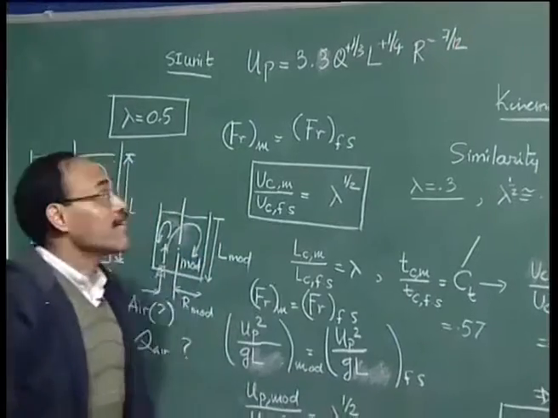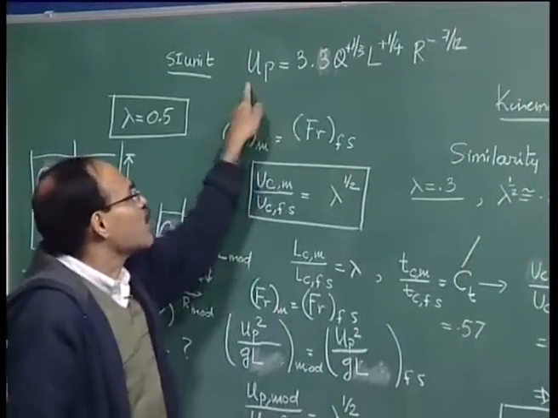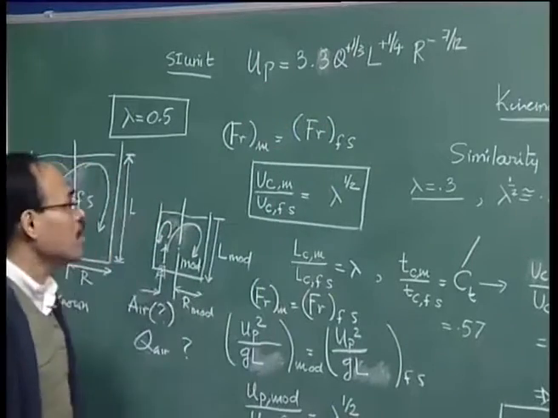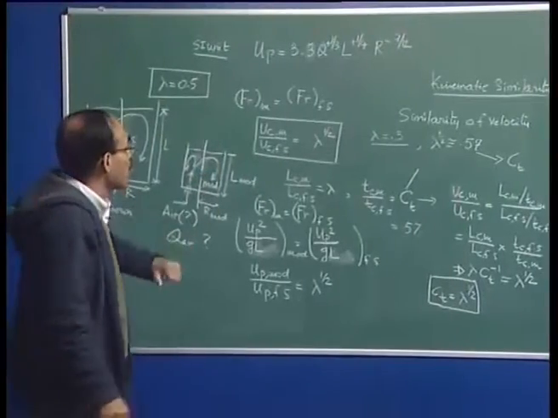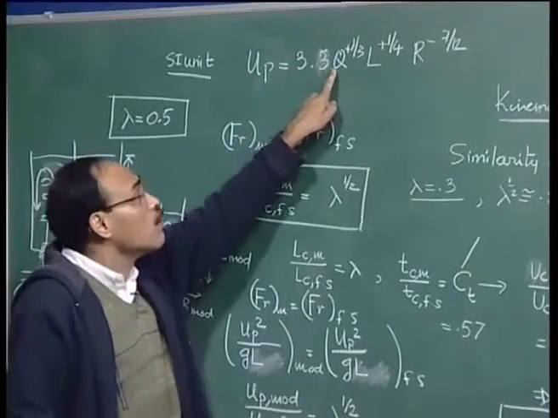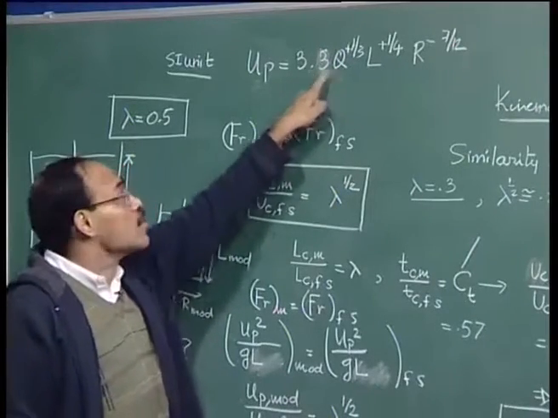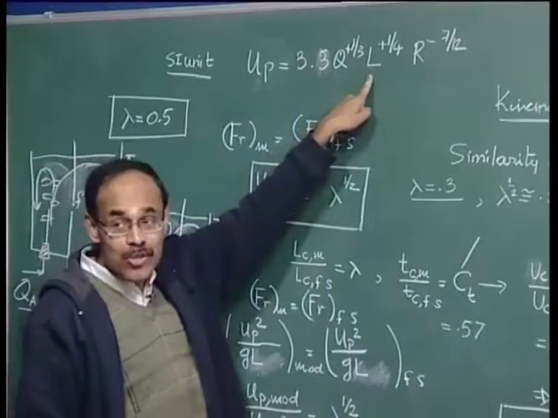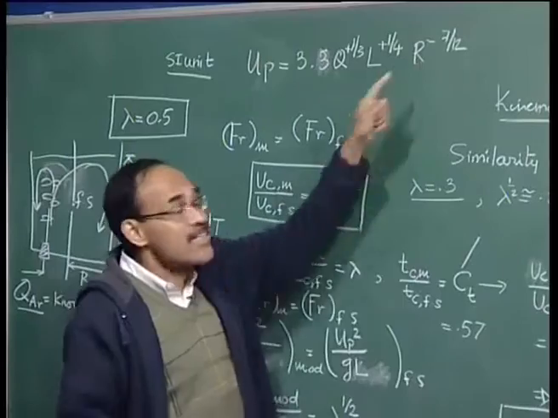I have given some other expressions when I was talking, because there are many expressions available in the literature, and these expressions are more or less similar and produce equivalent results. So, in SI unit meters per second, this is the gas flow rate raised to the power 1 by 3, which tells us increase the gas velocity, plume rise velocity increases. Same is true with L, but it obeys an inverse relationship with R.